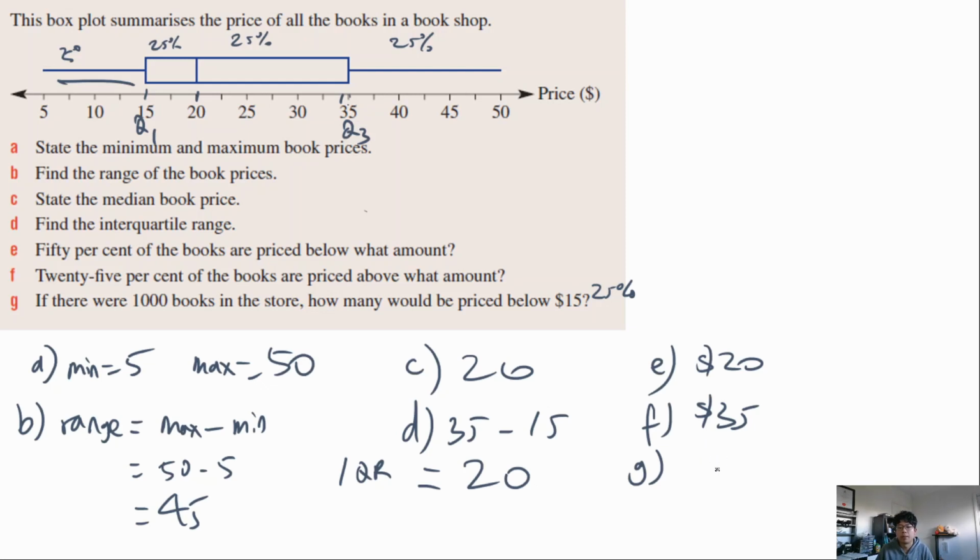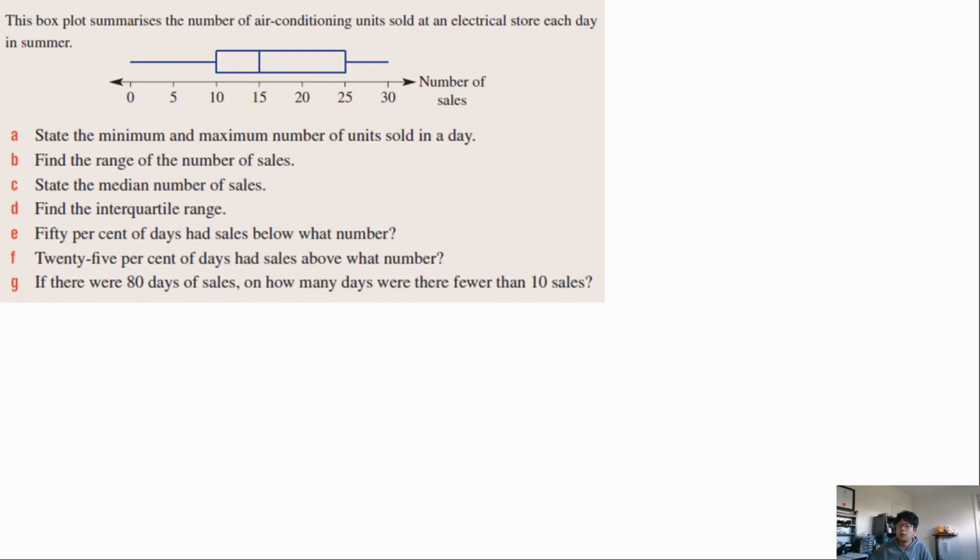We can do that by dividing by 4, because we're getting a quarter. 4 goes into 10 twice, with a remainder of 2. 4 goes into 20 five times, and 4 goes into 0 zero times. That means 250 books are priced below $15.